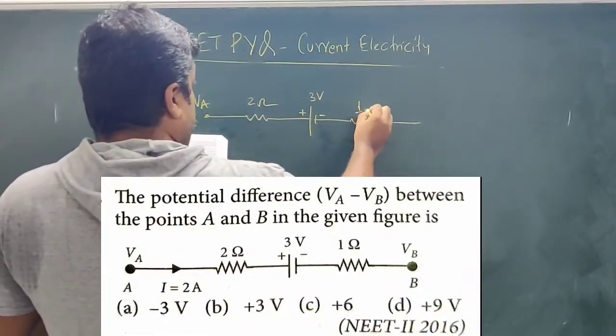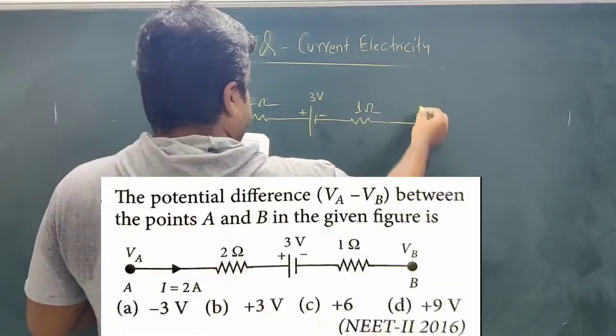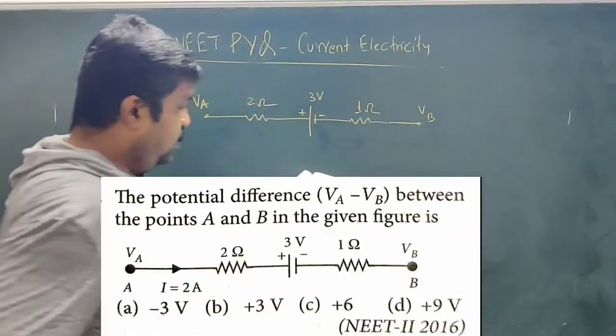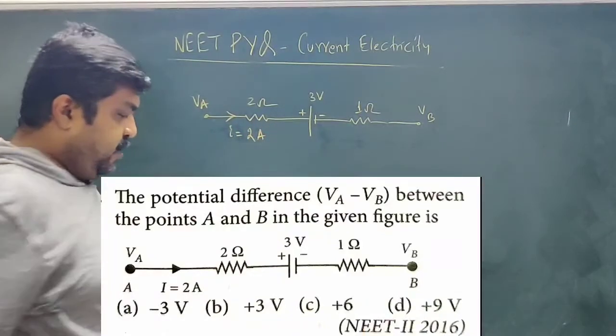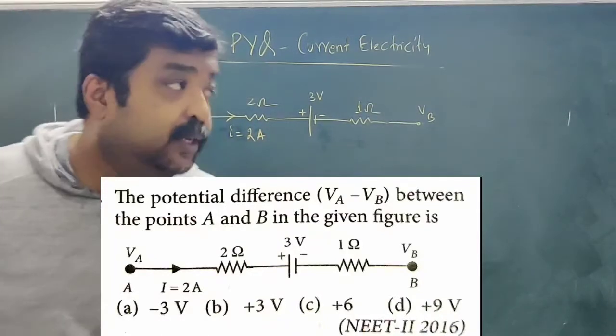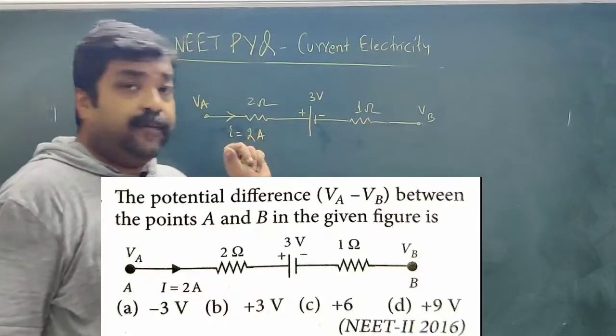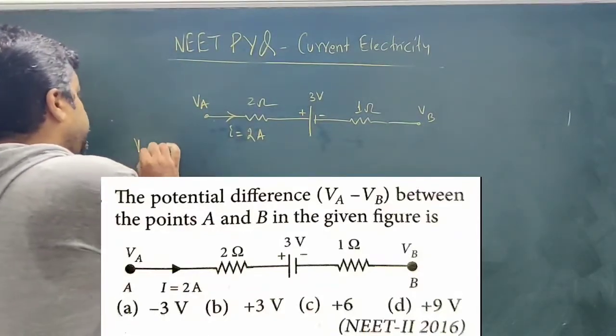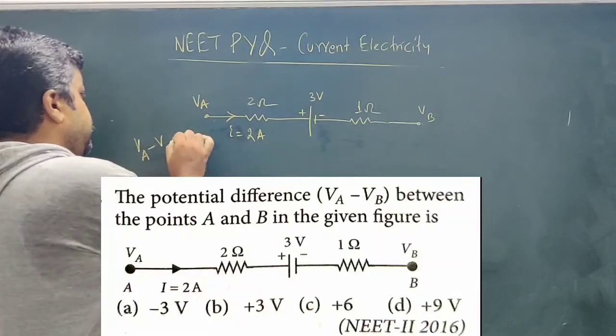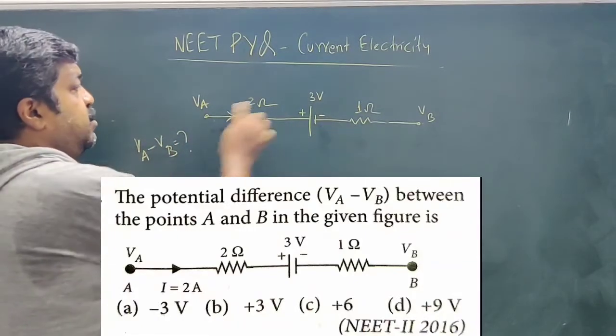This is 1 ohm. This is at potential VB. Current flowing I is equal to 2 ampere. 2 ampere current is flowing from this end to this end. And we are asked to find the value of VA minus VB, the potential difference between these two ends.